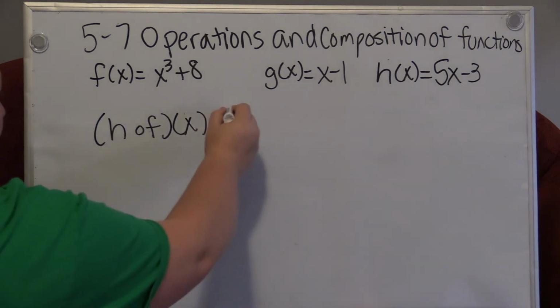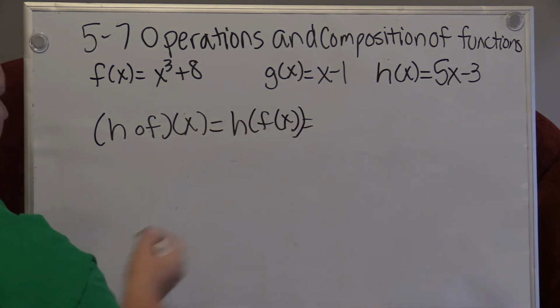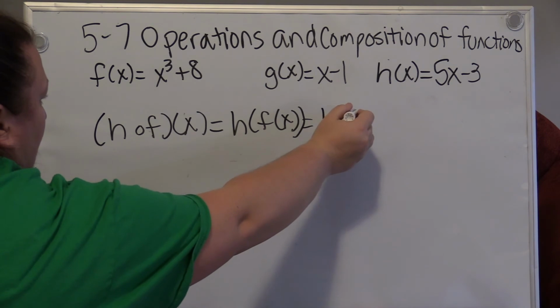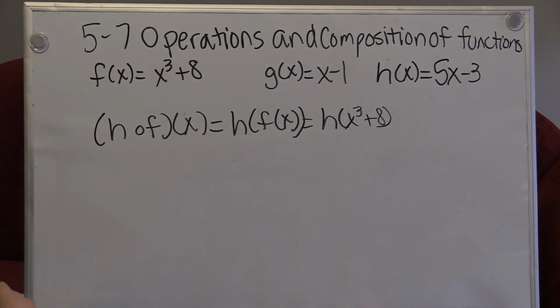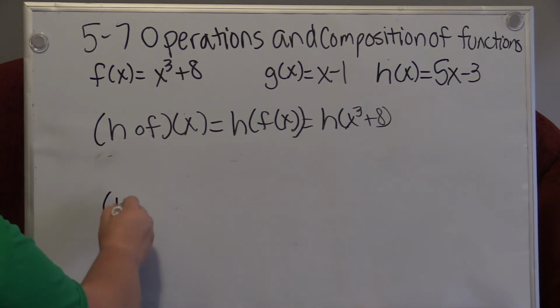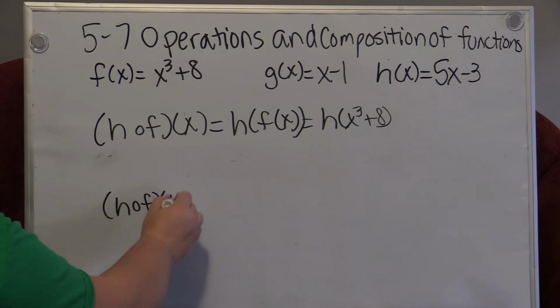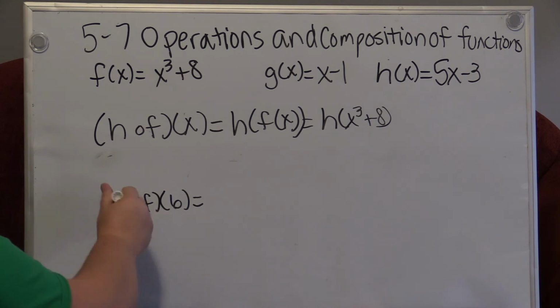Okay, so this is h of f of x, or h of x cubed plus 8. So here, the way this is different than the others is it wants us to find out what happens at 6. This should be a little circle, not a big O.